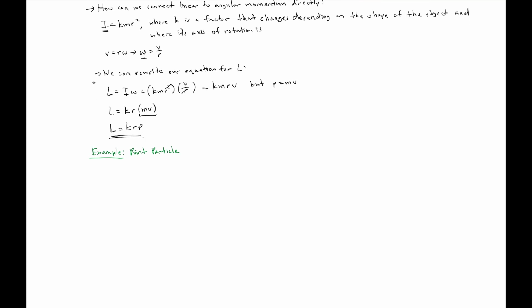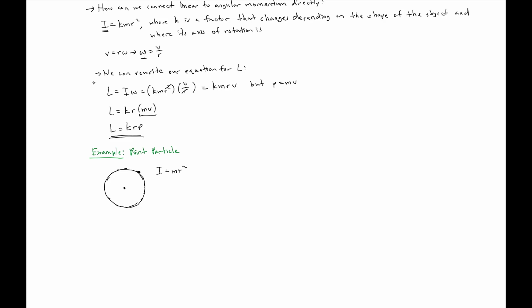So if we're looking at a point particle moving around a circle, it moves around in a circle, and there's an axis of rotation. Essentially, the point particle is going to trace out a circular hoop, which means the moment of inertia is going to be mr squared.